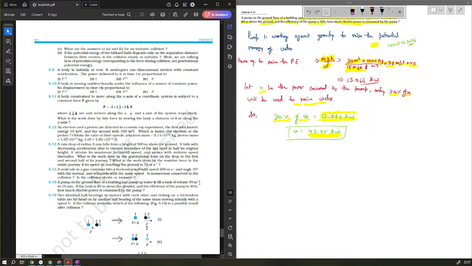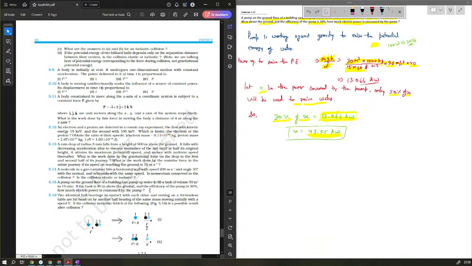Since we know the mass, the acceleration due to gravity, and the height to which it has to be lifted, that is 40 meters, we can calculate the change in potential energy, as the pump will work against the gravitational force for the water to achieve that potential energy.